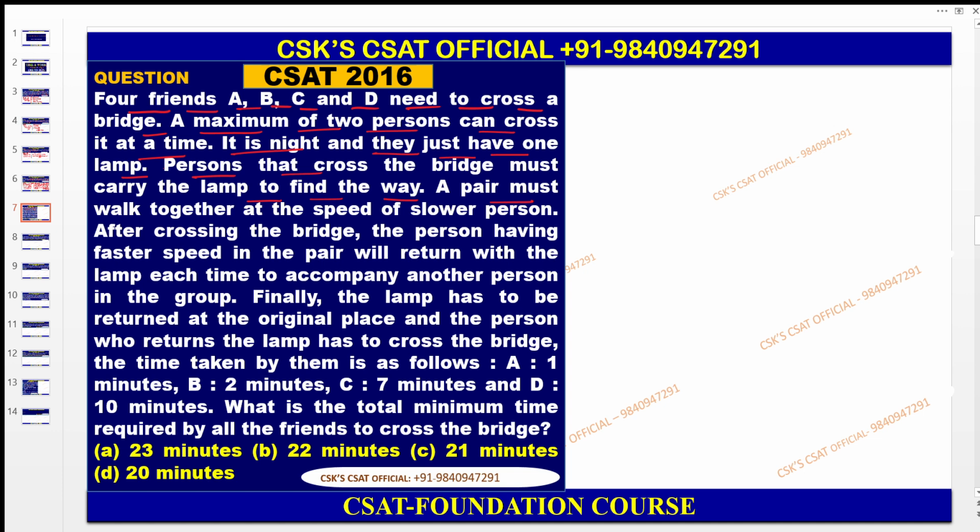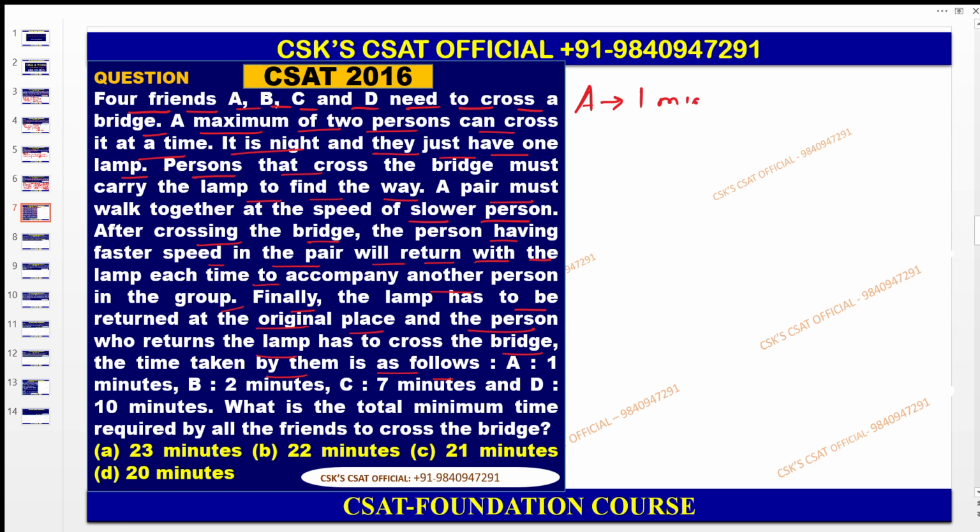A pair must walk together at the speed of the slower person. After crossing the bridge, the person having the faster speed in a pair will return with the lamp each time to accompany another person in the group. Finally, the lamp has to be returned to the original place, and the person who returns the lamp has to cross the bridge. The time taken by them is as follows.